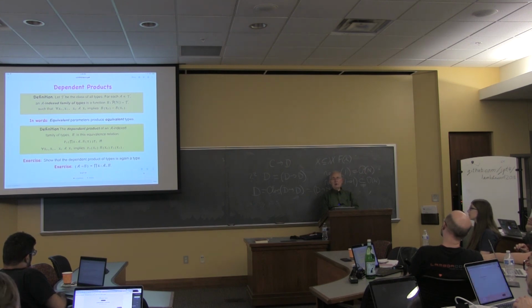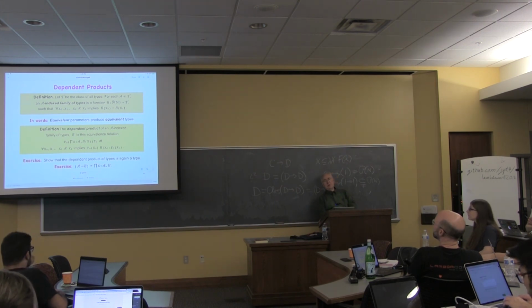So a family of types could be indexed by a function there, and now B is a higher type thing there, but B of x is a type. Script T there are the types, and I'm thinking of parameterized families of types. So I say that it's coherent, indexed by A, if equivalent parameters from A give me equivalent types.